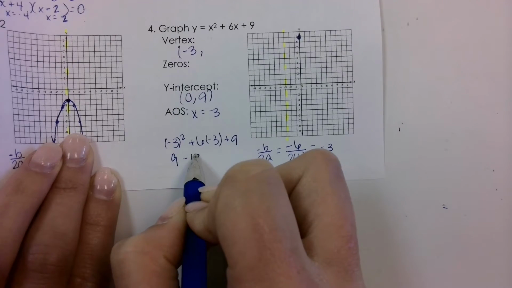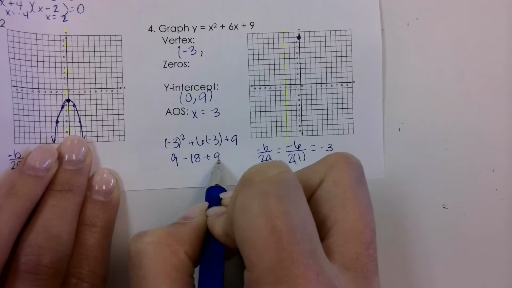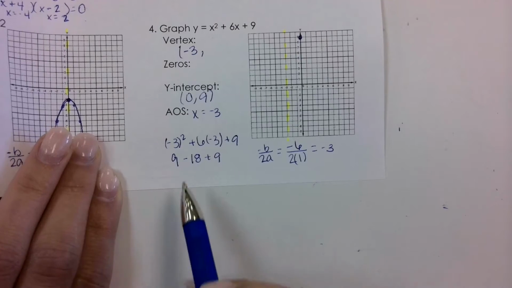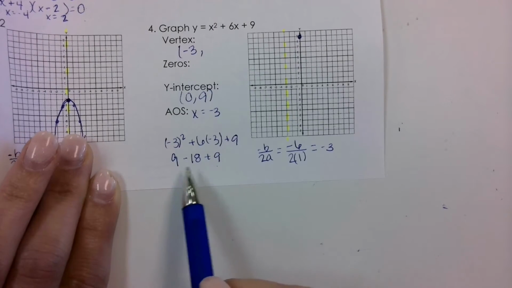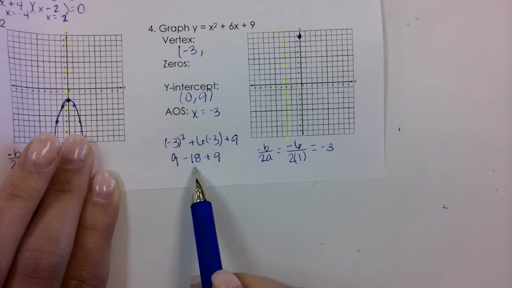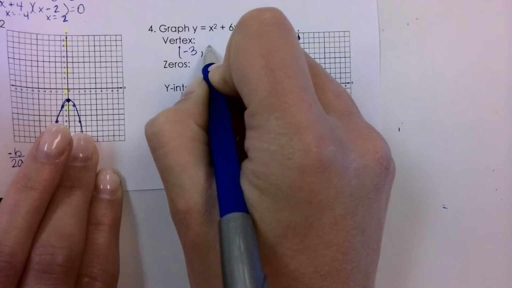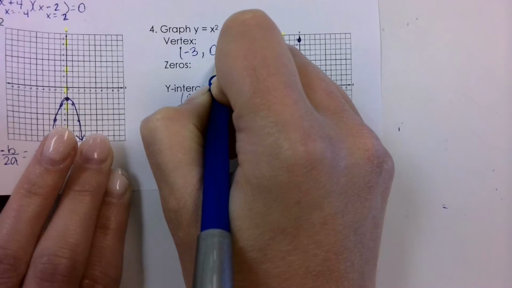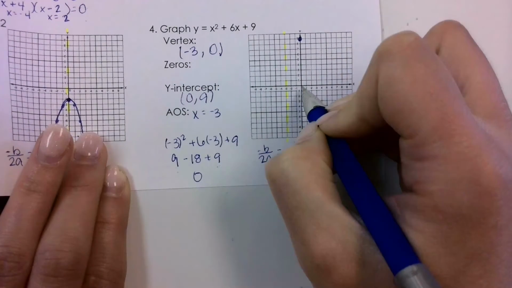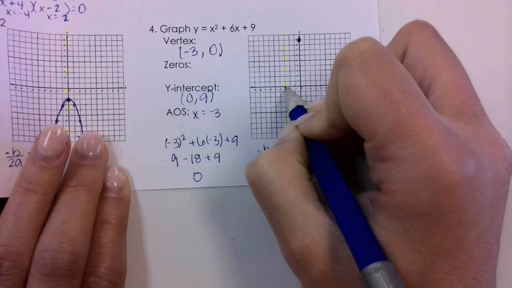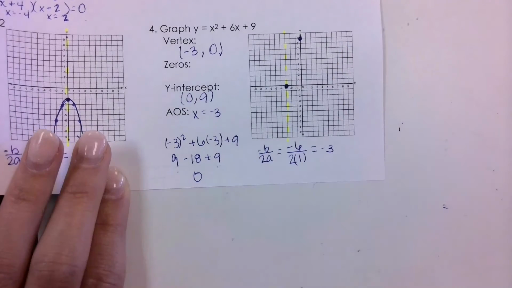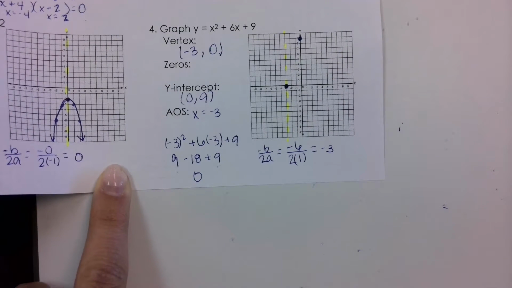Negative 18. And then we've got plus 9. What is 9 plus 9? 18. And 18 minus 18? 0. So your vertex is at negative 3, 0. We can plot that. Is that okay?